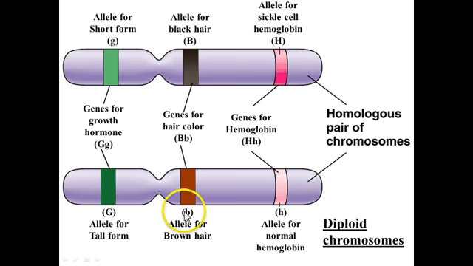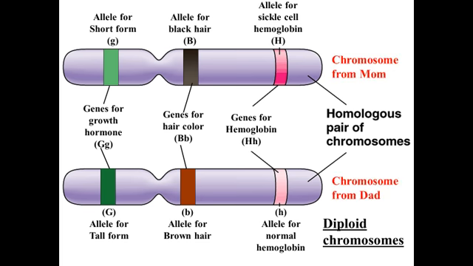The hair color gene that we inherit from dad would be different from the hair color gene that we inherit from mom, and so on. So these are what we mean by homologous pairs, which would be in a diploid cell. Okay, so there's our chromosome from mom at the top, chromosome from dad at the bottom.